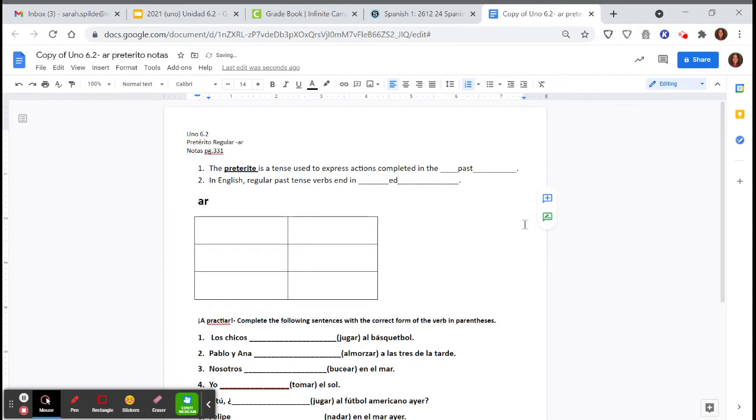So, for example, if I said I studied last night, or if you walked to the park, a lot of our regular past tense verbs in English end in -ed. Studied, walked, talked, and so on.